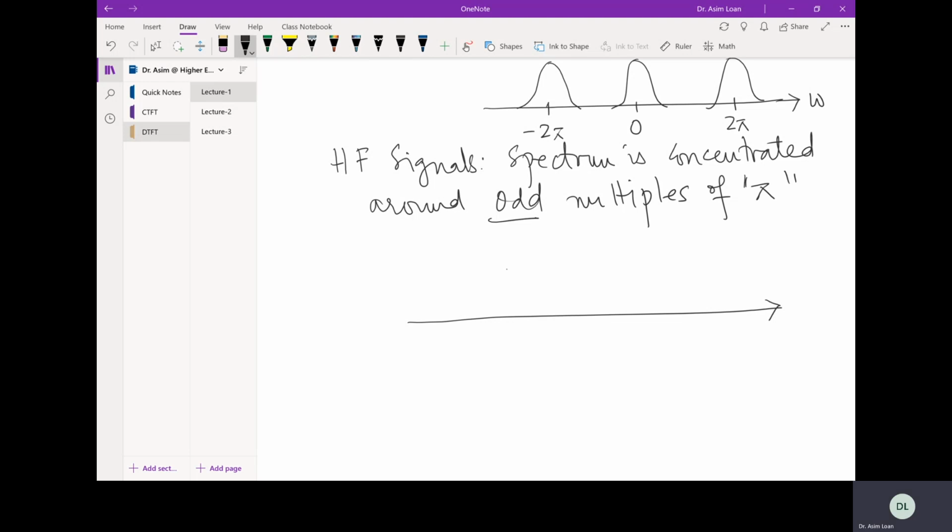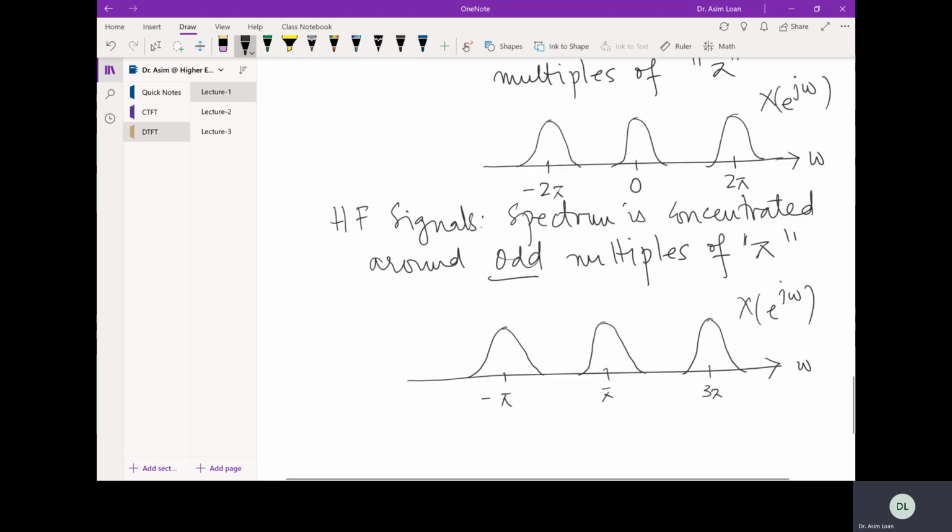Actually, I could just bring this over here. This is pi, this is 3 pi, this is minus pi, and this is again X of e^(j omega), okay?